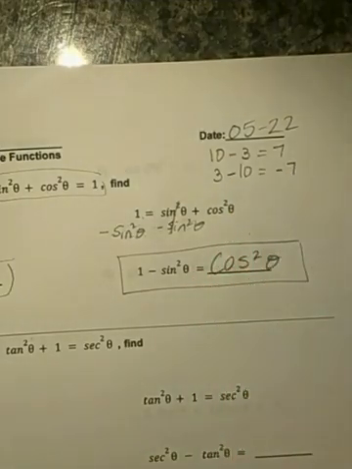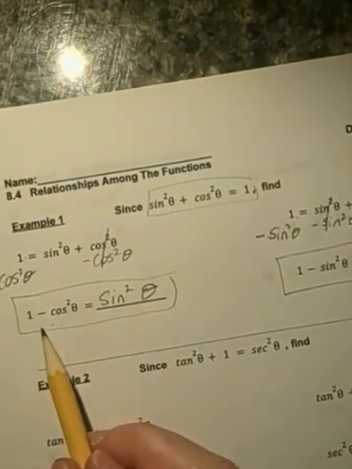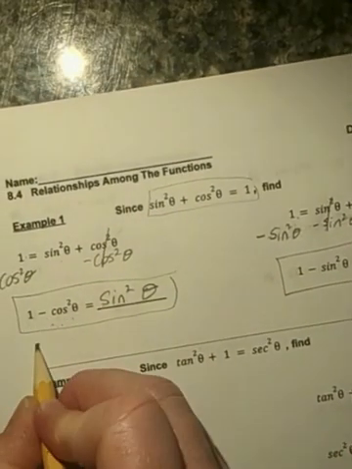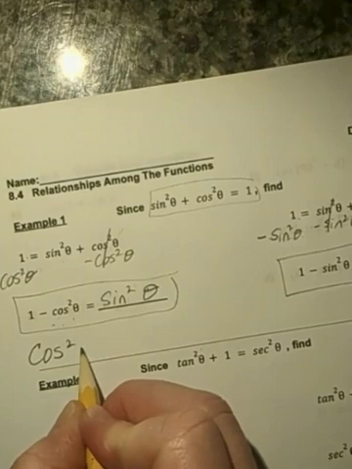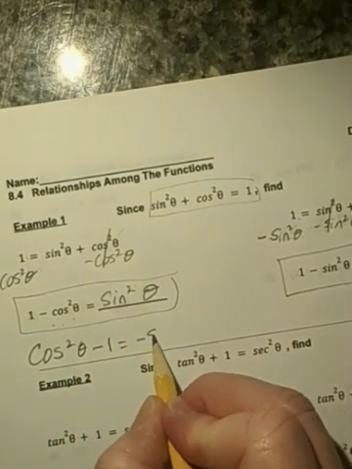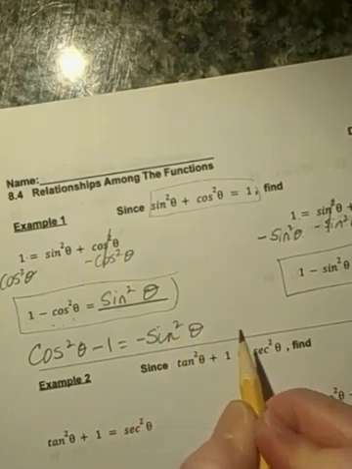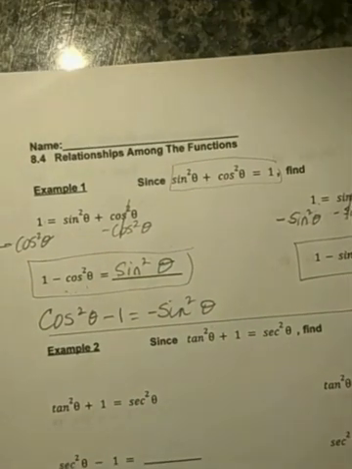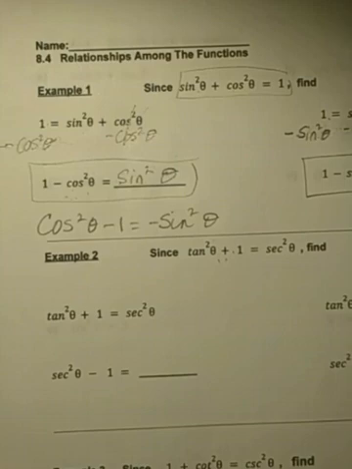So just keep that in mind. So sometimes you'll see, oh, it's not 1 minus cosine squared, it's cosine squared minus 1. That would just equal the opposite of sine squared theta. That's all. Doing subtraction in the reverse order just gives you the opposite of what you had before.